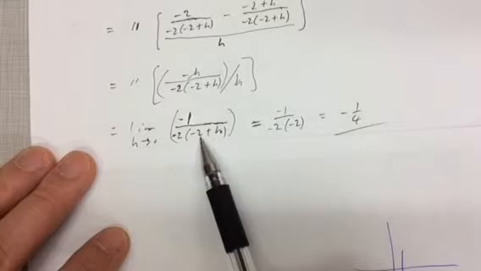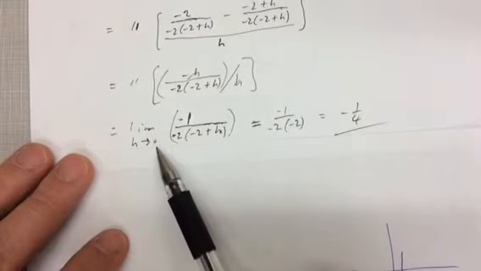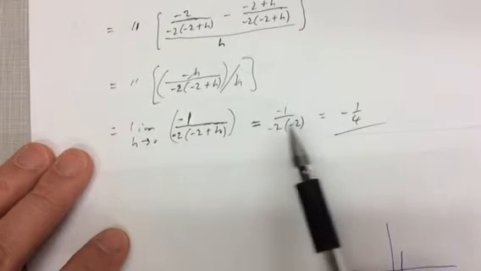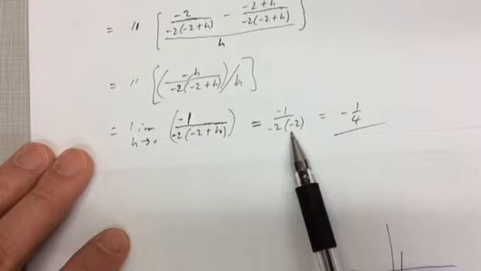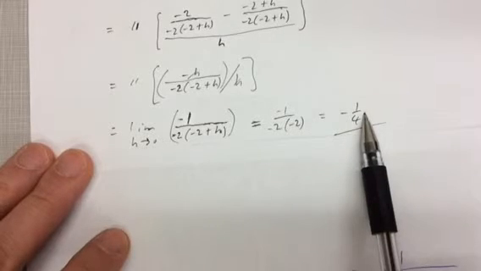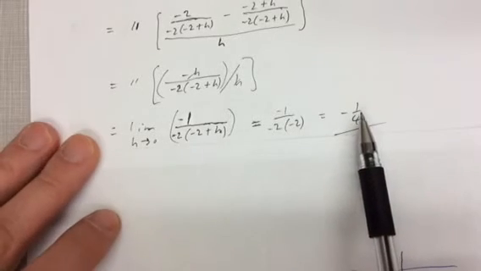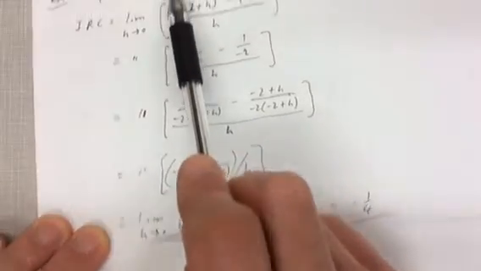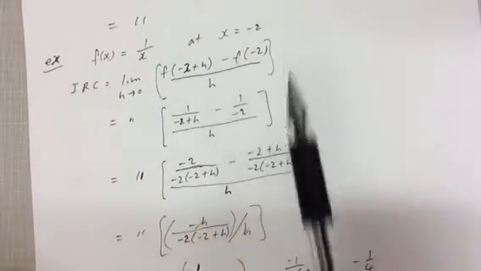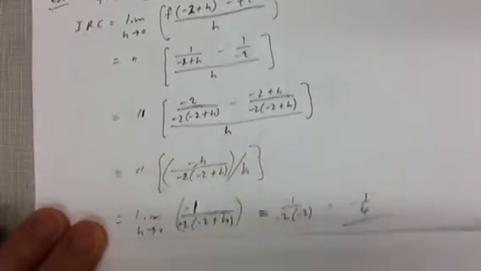So we can now remove the limit because we've applied that operator on this expression, and we get this, which is equal to negative 1/4. And that would be the slope of the tangent of the function 1 over x at x equal to negative 2.